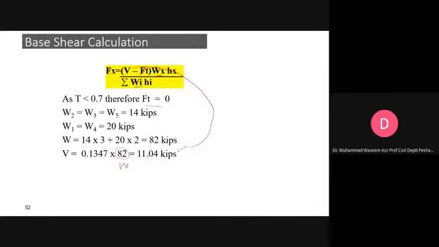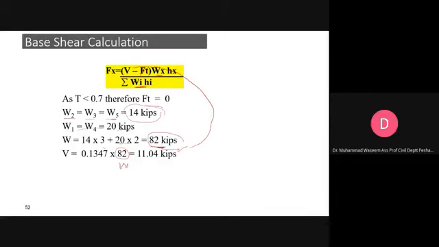Then you have to divide by the summation of W into H. First you have to calculate the total weight of the building, which is 82 kips. Ft is 0, and story 2, story 3, story 5 have a 14 kips weight. Stories 1 and 4 have 20 feet height.